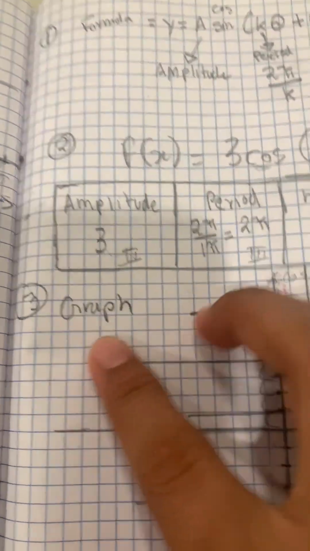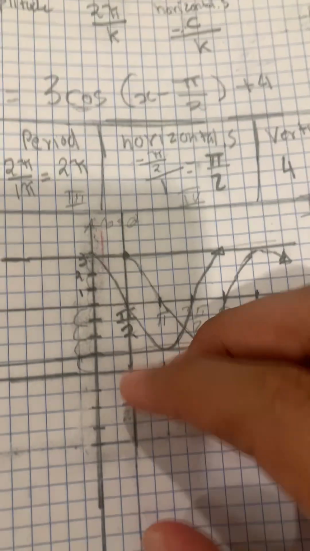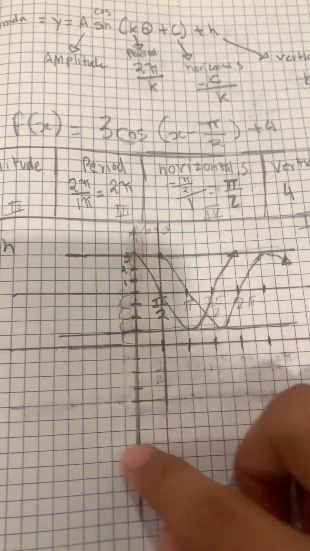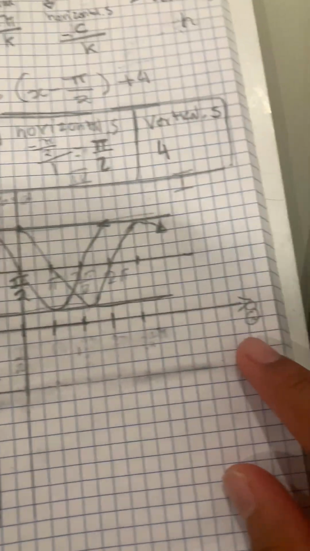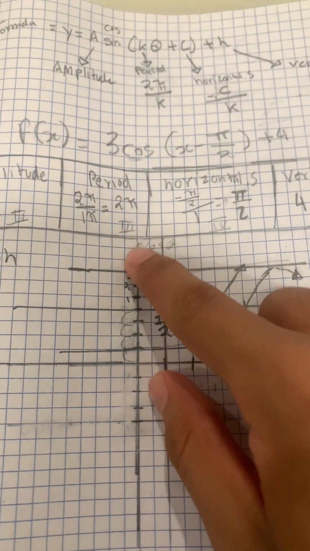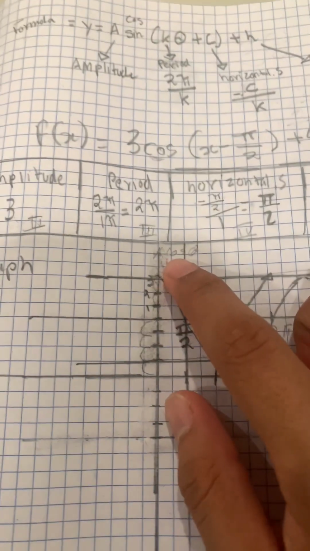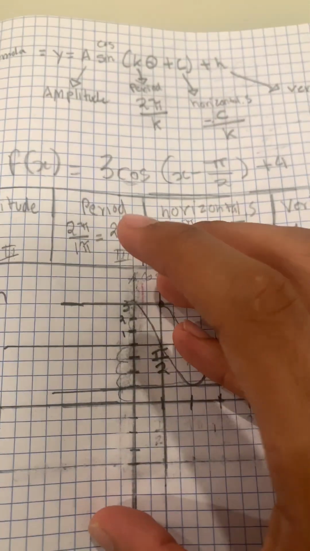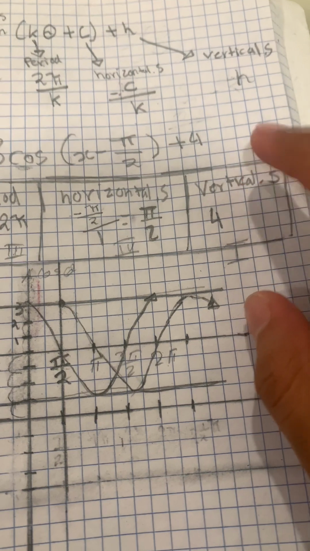So the next step is to graph. To graph, we make our original line graph, which is our 0 line right here, and that's our y line right there. That's cosine, okay? So the first step for our graph is to find the vertical shift.